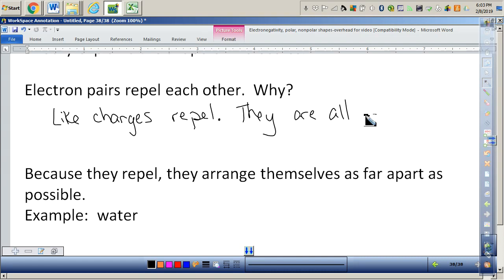So opposites attract, like charges repel. And because of that, they want to be as far apart as possible.